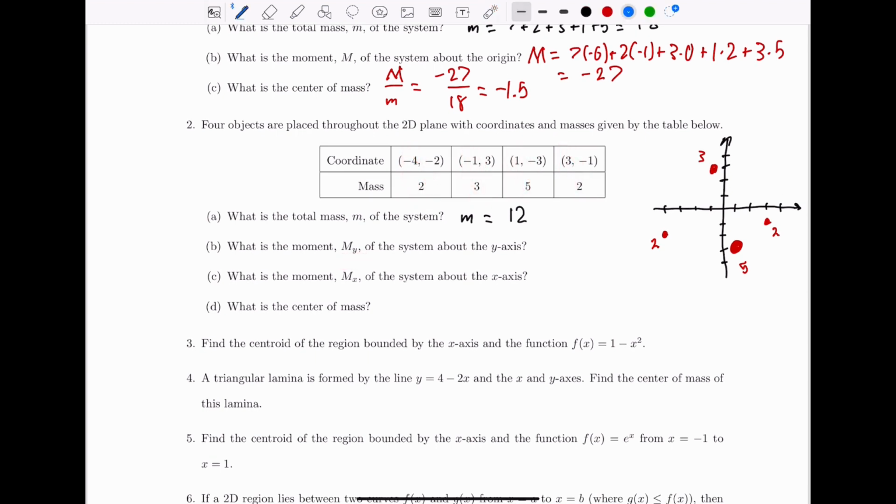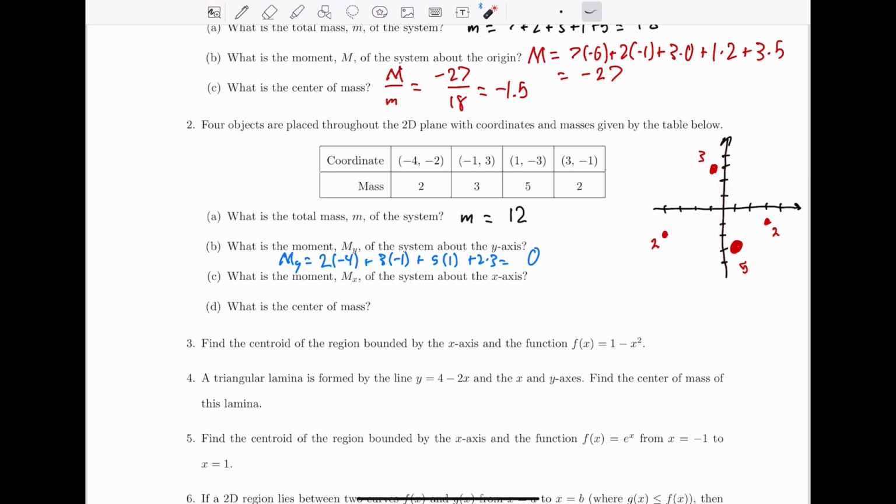So the moment about the y-axis is 2 times -4 plus 3 times -1 plus 5 times +1 plus 2 times +3. 2 times -4 is -8, minus 3 is -11, plus 5 is -6, plus 6, this value is actually 0. That is the moment about the y-axis. This tells us that the system is perfectly balanced across the y-axis.